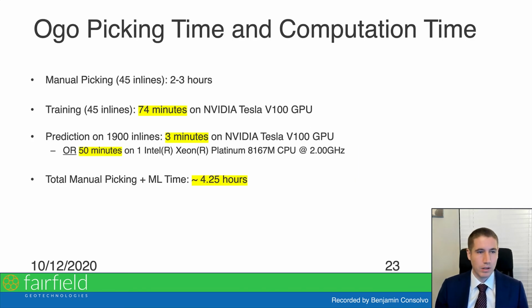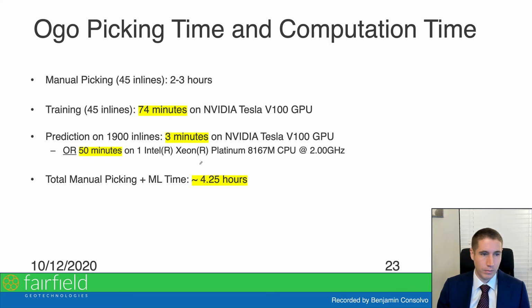The manual picking time for the OGO survey took around 2 to 3 hours, a little bit longer, a few more lines than the Julia survey. The training took 74 minutes, or just over an hour, on the same GPU. Prediction, again, very fast, only 3 minutes for the entire 3D survey of 1900 inlines.